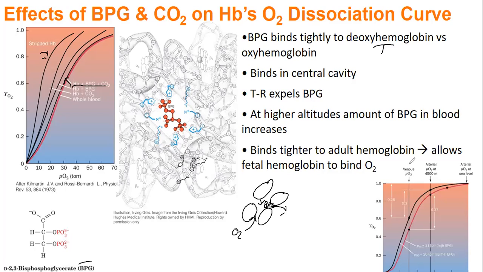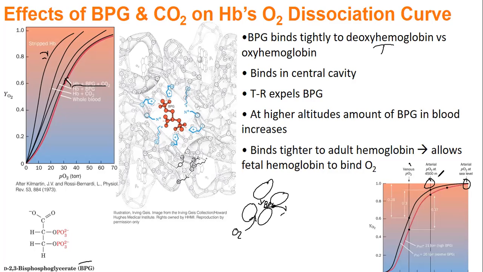And that's shown down here. So at sea level, the pressure of oxygen is right here in your arteries, while at 4,500 meters, it's right here. That's your arteries, right? Your veins, it's the same no matter what.